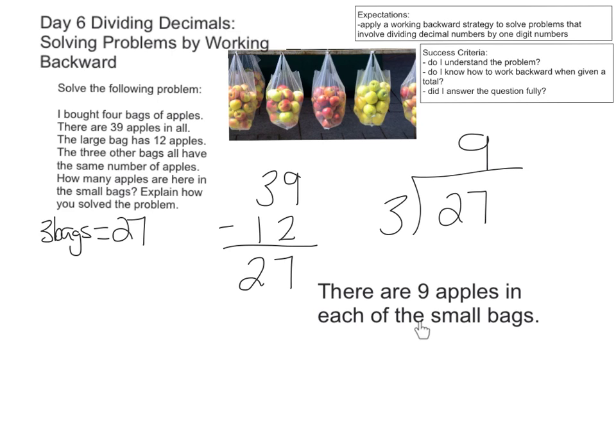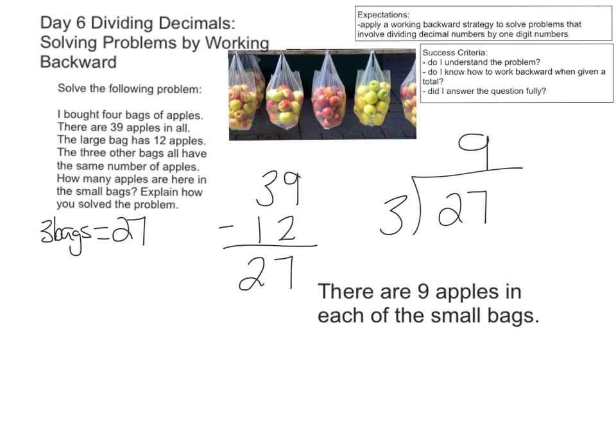So now we figured out we had 9 apples in each of the small bags. Now, in solving the problem, we subtracted and then divided. So we know the total number, and we had to find the number in each small bag. Therefore, we worked backwards from what we knew to what we had to find out. So we found out that there are 9 apples in each of the small bags.